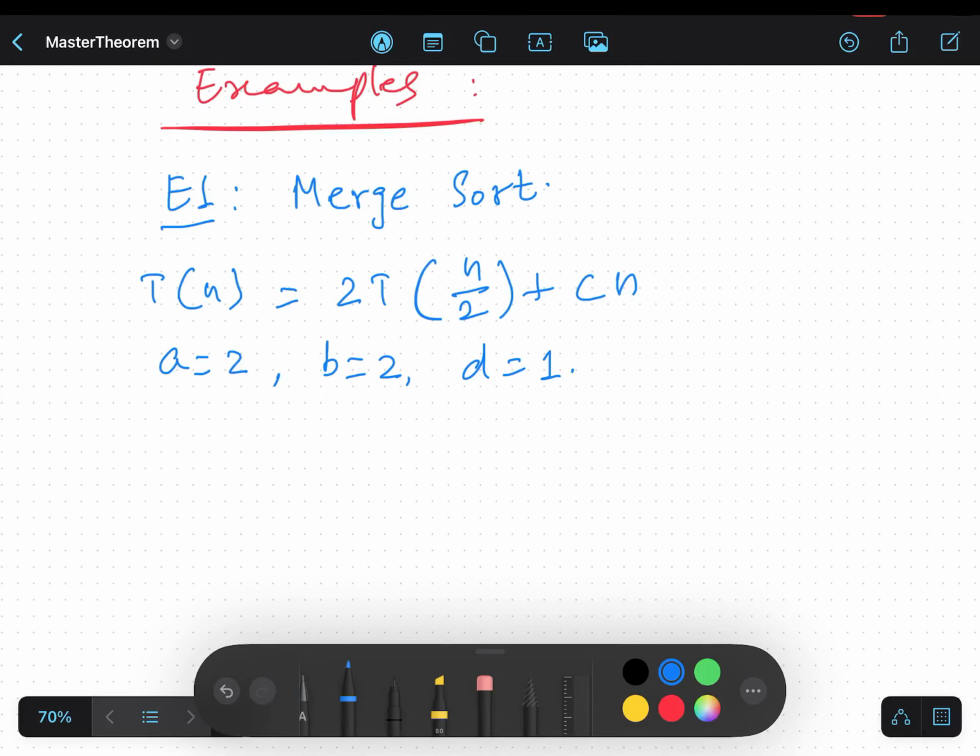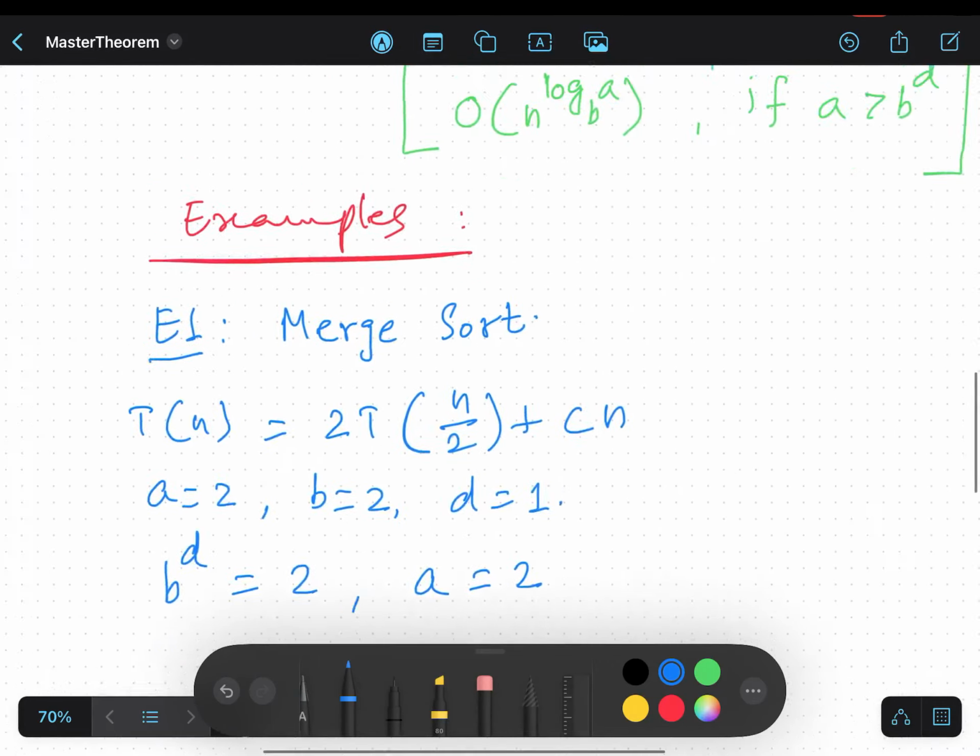This means b to the power d is equal to 2 and a is equal to 2.